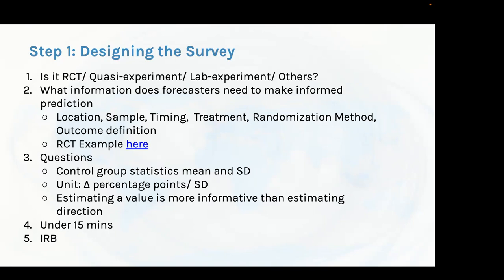Depending on that question, there is different information that you need to provide to a forecaster that would make the prediction informative. Say, for example, in an RCT, it's quite important to clearly articulate what the location is, what your sample is, and how you do your randomization method. Are there any different cluster levels within your randomization? How is the treatment delivered? Who delivered the treatment?